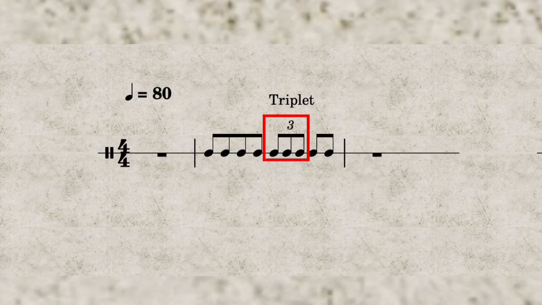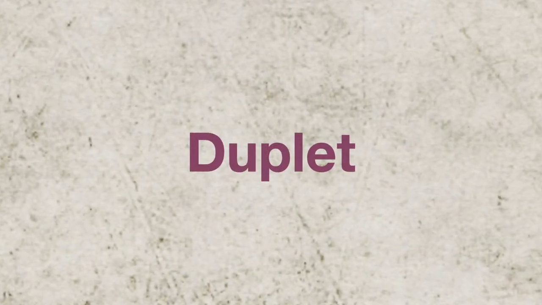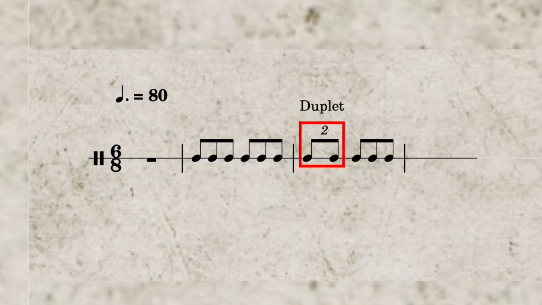Typically, if the tempo unit is a quarter note, as it's usually the case when the time signature is 4 quarters, 3 quarters, or 2 quarters, the tuplet is called triplet, and it squishes 3 eighths where there are normally 2 eighths. On the other hand, if the tempo unit is a dotted quarter, as it's usually the case in 6/8, 9/8, and 12/8 time signatures, then the tuplet is called duplet, and it accommodates 2 eighths where there are normally 3 eighths.